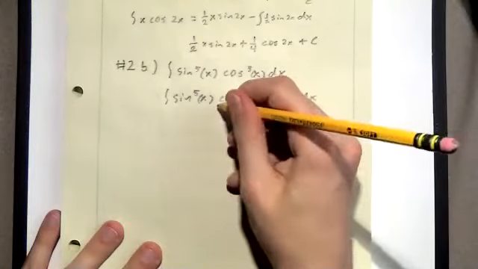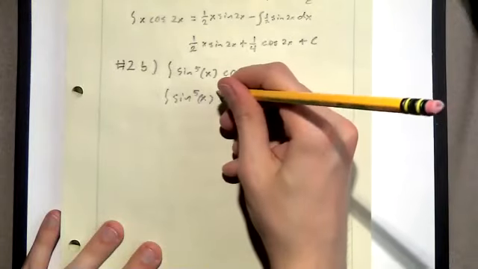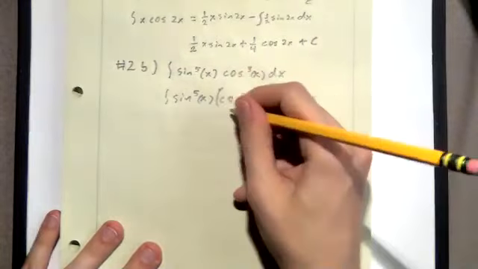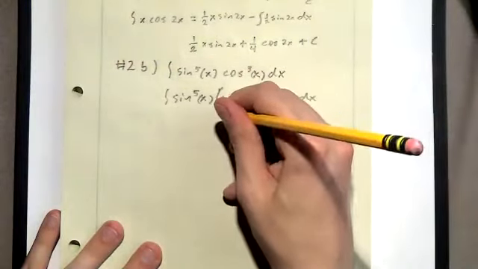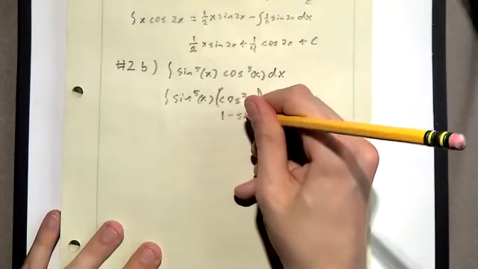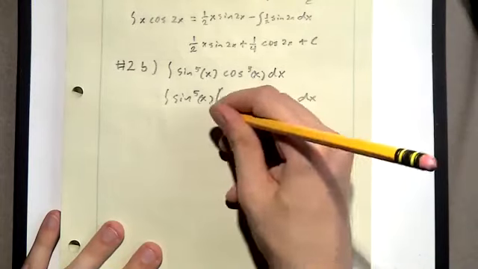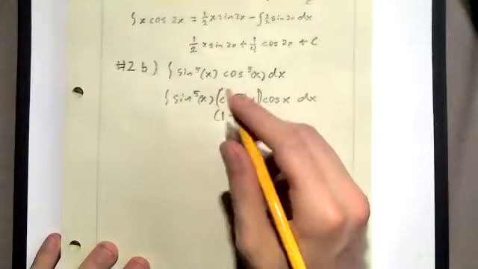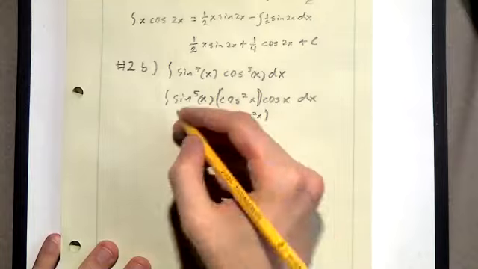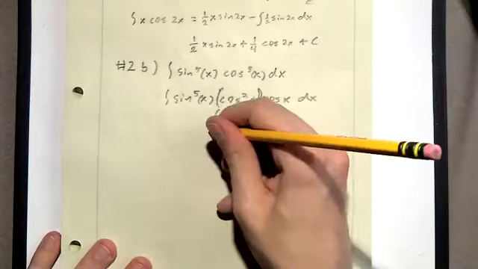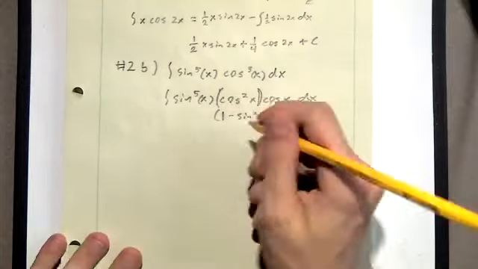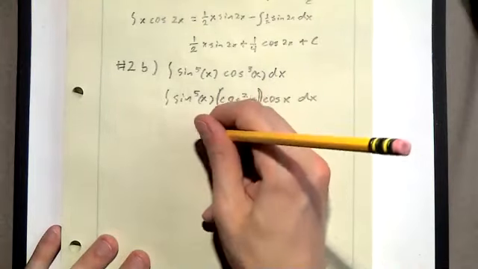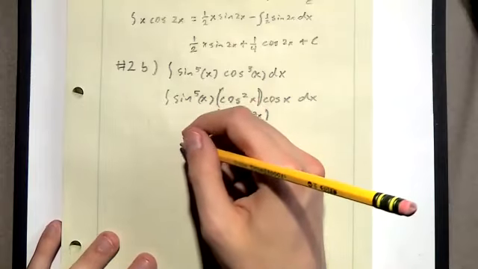The reason why we group this is because this right here can become 1 minus sine squared x. And then from there, this is similar to U-substitution. I like to use U, you might have seen W used a lot.